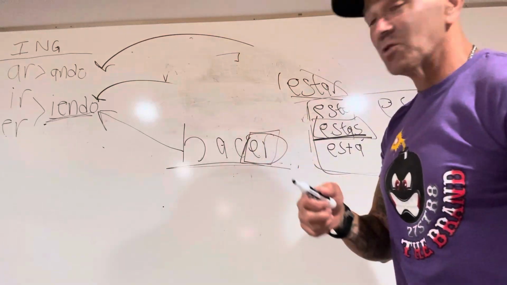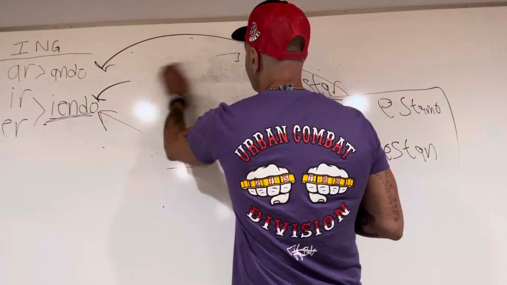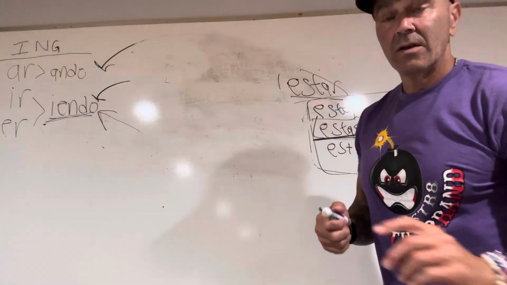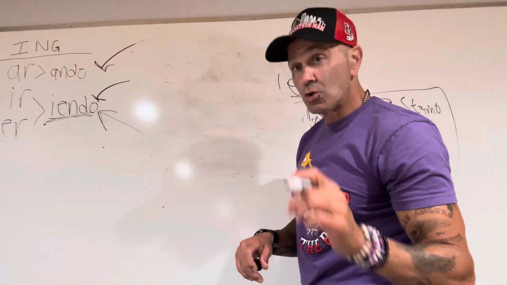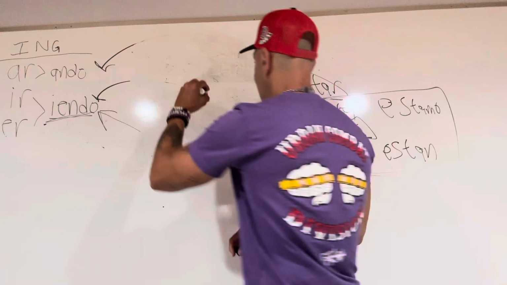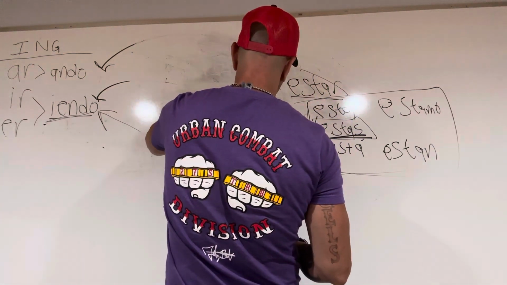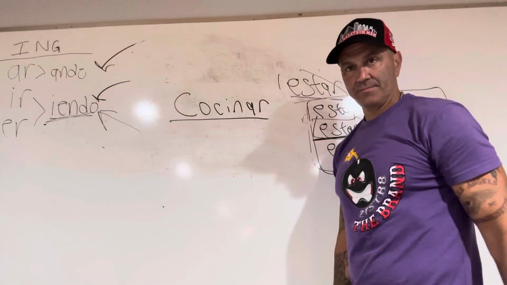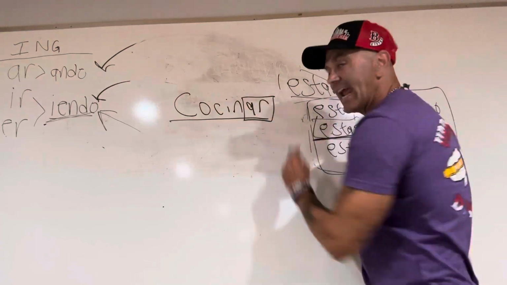Now, what we have to do after that is, we have to know some verbs in Spanish, right? So, let's say somebody's cooking. The verb in Spanish, to cook, the infinitive, is cocinar. That is to cook. Okay? We know it's a verb. Why? Because it ends in ar.